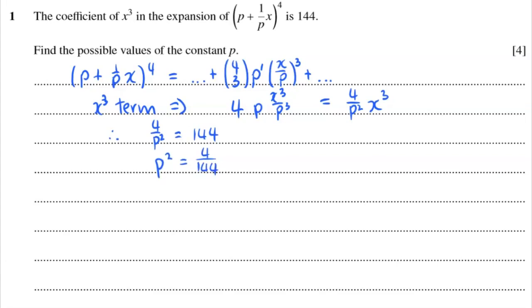And let's leave it like that because they're both square numbers, and we can find the square root of square numbers. So p is equal to, don't forget, plus or minus when we do a square root, 4 over 144, which of course equals plus or minus 2 over 12. We can simplify that even further, plus or minus 1 on 6. And I think we are done.